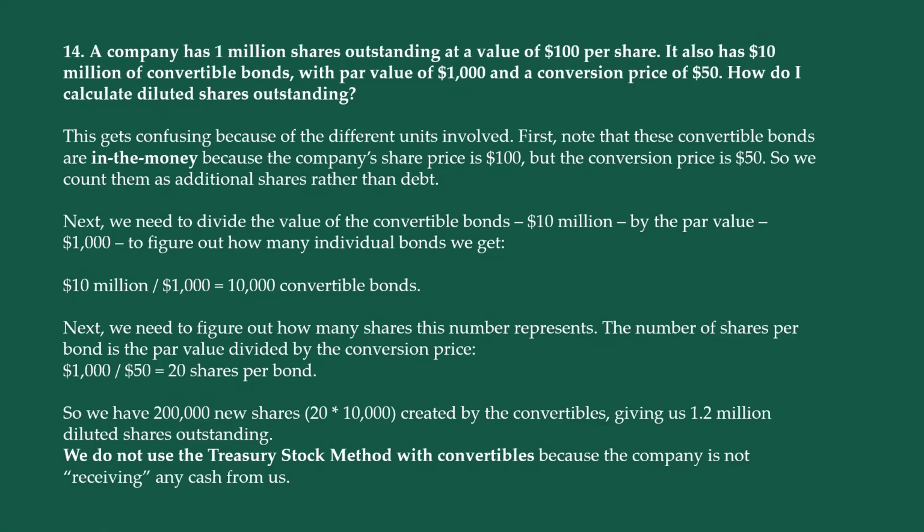So how many bonds are there? We have $10 million of convertible bonds with $1,000 par value. We will divide 10 million by 1,000, and this will give us 10,000 bonds. Give me a moment, and I will just show you.